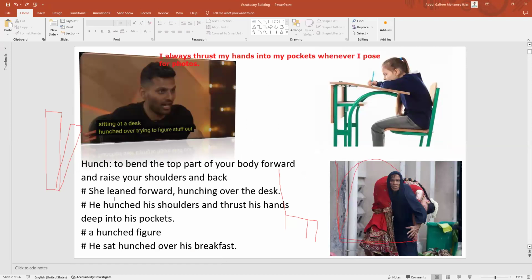Okay, hunch. Now a hunched figure means one that is not straight. For example, sometimes some statues are hunched.